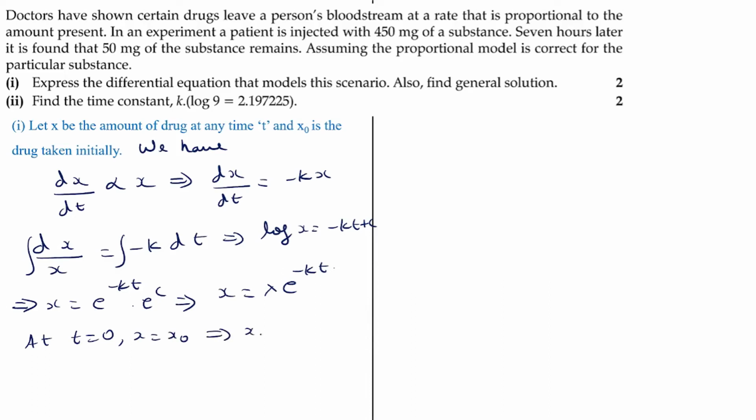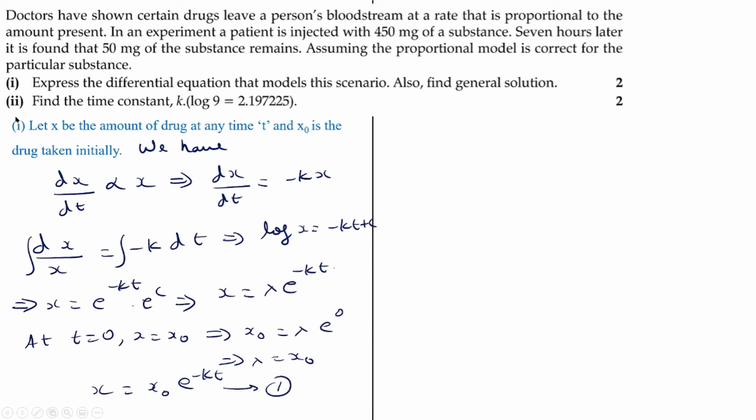So x naught is equal to lambda into e raised to 0, so we get lambda is equal to x naught. Therefore the model is x is equal to x naught into e raised to minus kt. So this is the required model. Here finding the integral up to this step carries 1 mark, and the final solution carries 1 mark.